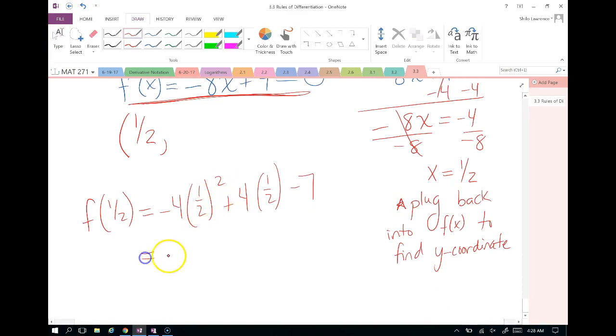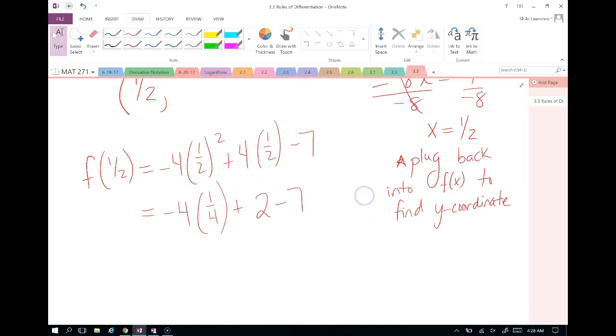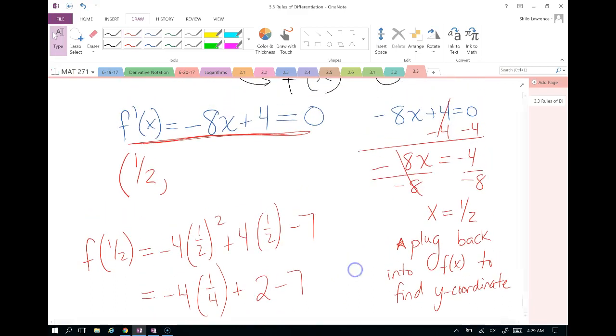So 1/2 squared is 1/4. 4 times 1/2 is 2. -4 times 1/4 is -1. -1 plus 2 is 1, and 1 minus 7 is -6. So when we plug 1/2 into the function, we get back -6. So the point where we have a horizontal tangent line is at an x value of 1/2, a y value of -6.